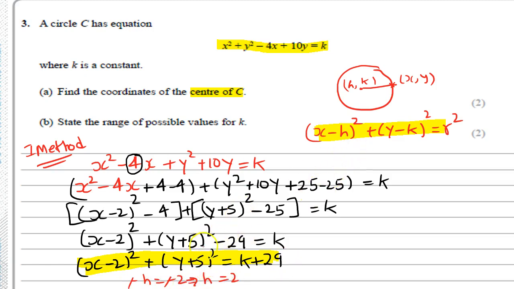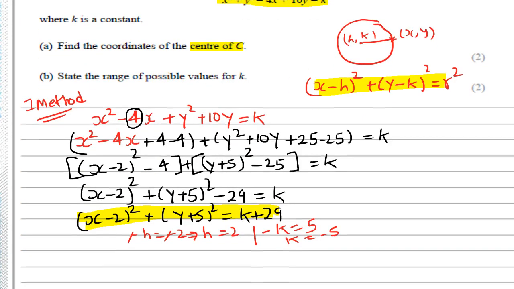Similarly, minus k equal to 5, it means k is minus 5, right? So the center is 2 and minus 5.